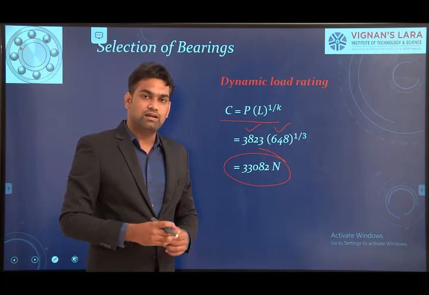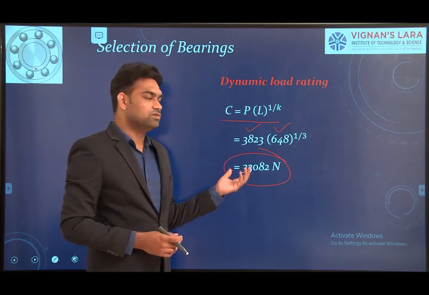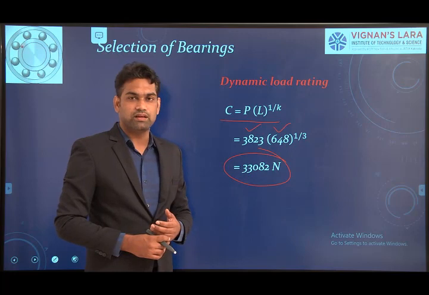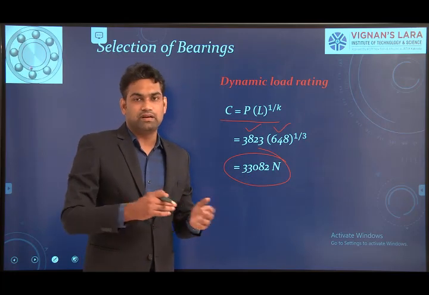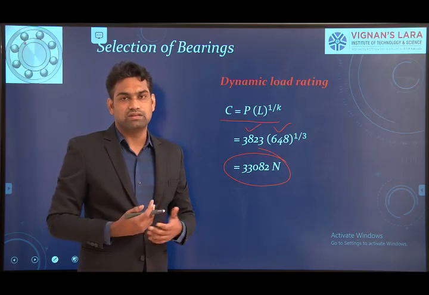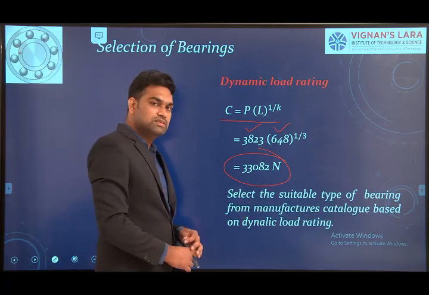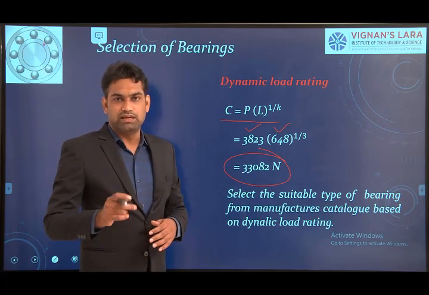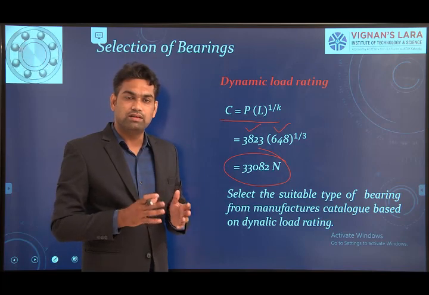Using this dynamic load carrying capacity, similar to the previous case under the static load conditions, we select the bearing. In the similar fashion, using the dynamic load rating of the bearing, we need to select the suitable type of bearing, starting with the light series bearing to the heavy series bearing, using the trial and error method. Clear? The selection procedure is the same. Instead of having a single equivalent dynamic load, here we have a number of dynamic loads.